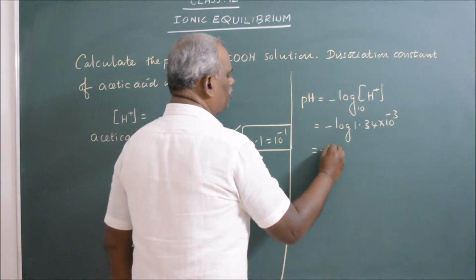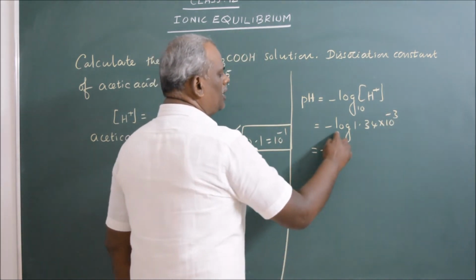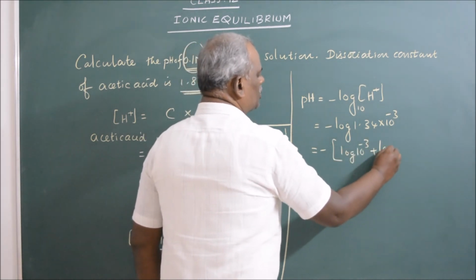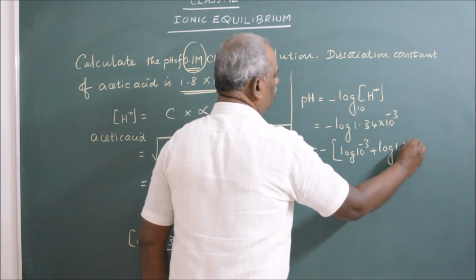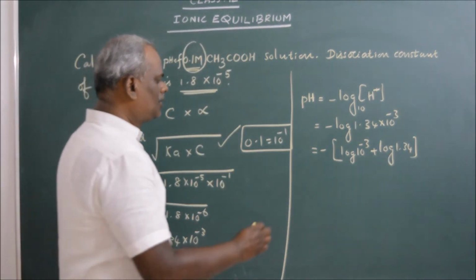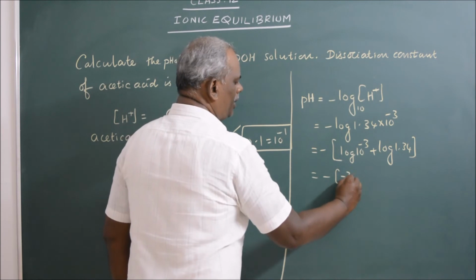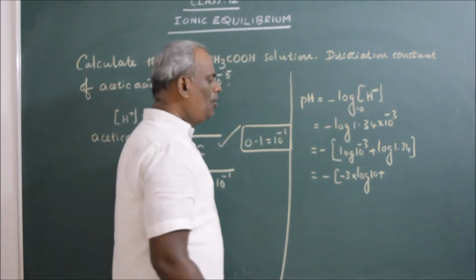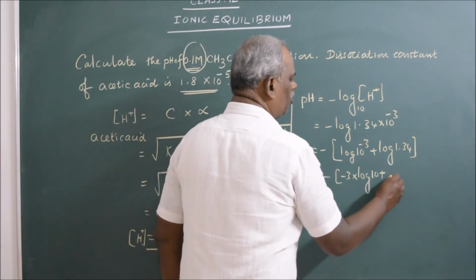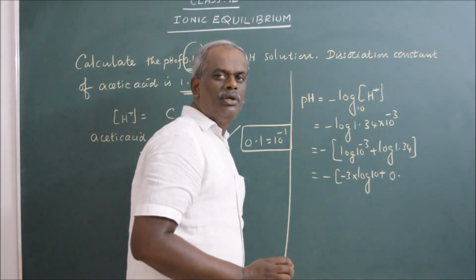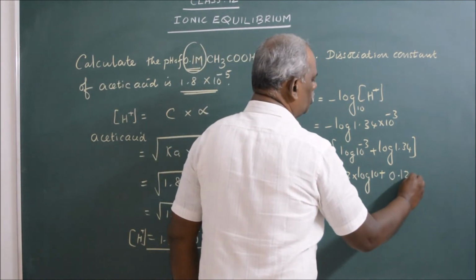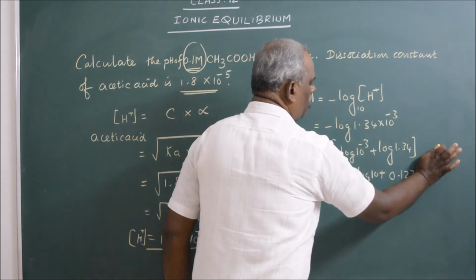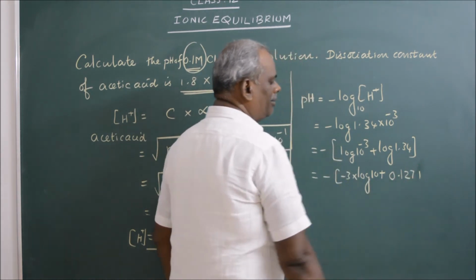This can be done as follows. Minus, I am splitting this one, log of 10 power minus 3 plus log of 1.34. And this can be done as follows. Minus 3 into log 10, and the value of log of 1.34 is 0.1271.